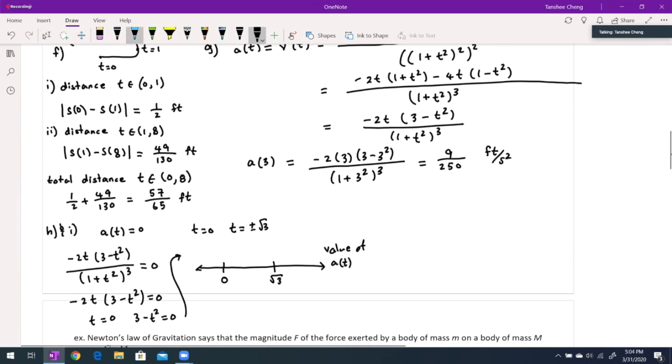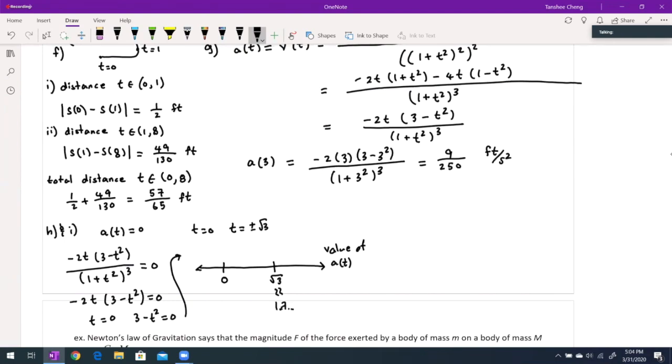Like before, I'm going to pick a number in each interval. But before that, let's find the square root of 3, which is approximately 1.7 something.